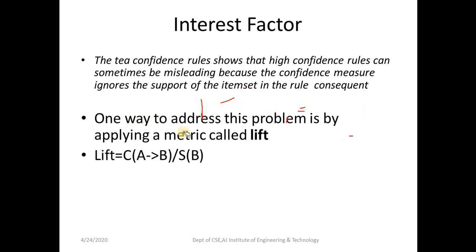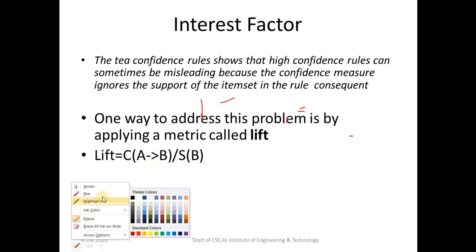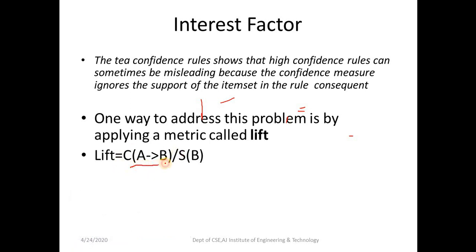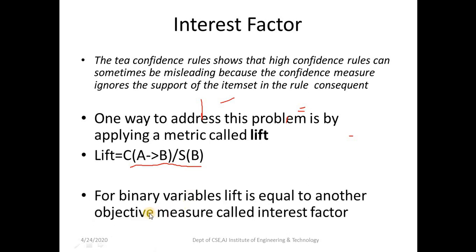Lift is given by the confidence of the rule A implies B divided by the support of B. For binary variables, lift is equal to another objective measure called the interest factor. So in the case of binary variables, the lift is called the interest factor. Let us see about this interest factor now.